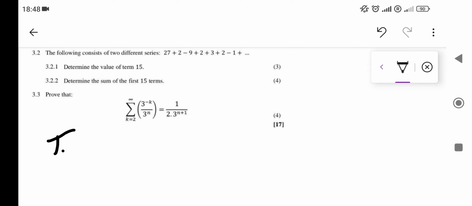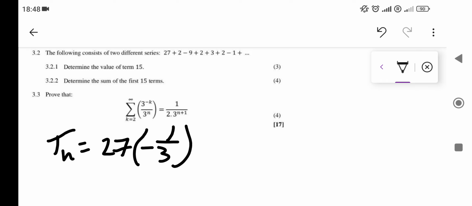That was Tn equal to, I think it was, 27 open bracket minus 1 over 3 to the power of n minus 1. And we said that term 8 corresponds to the 15th term, and that equals minus 1 over 81.